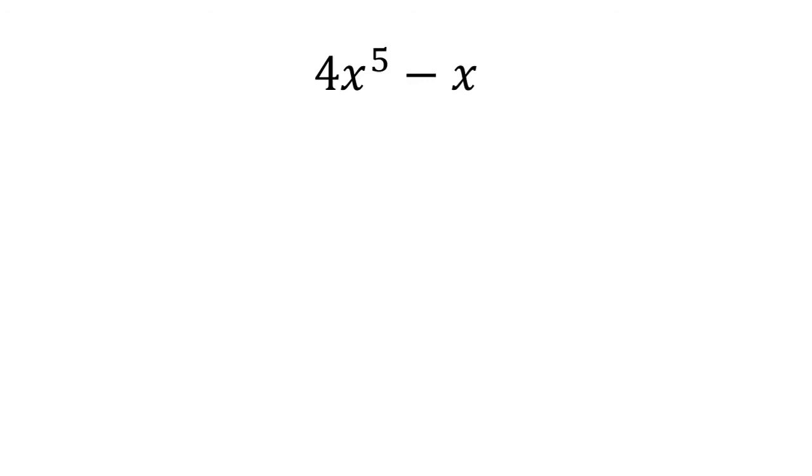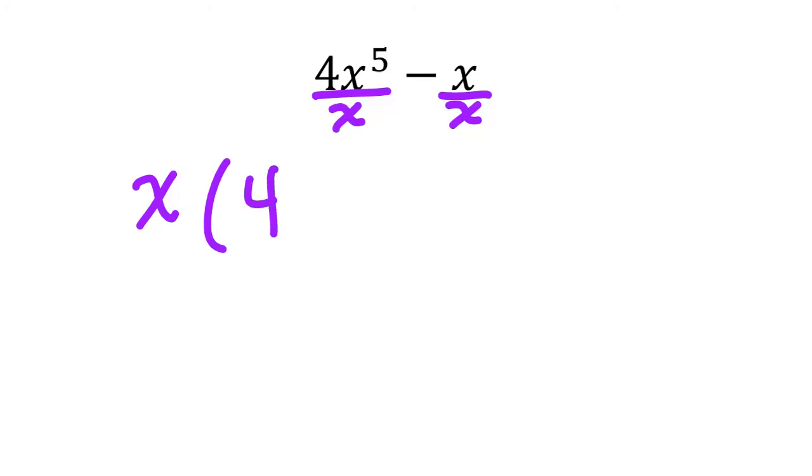All right, tell me what's the GCF in 3, 2, 1. X. Okay, good. So if I divide both of those by the GCF, what are we left with? So 4 divided by 1 is 4. And then x to the 5th divided by x is going to be x to the what power? 4th.